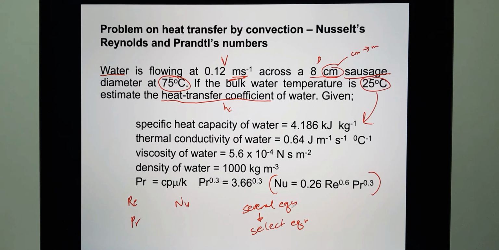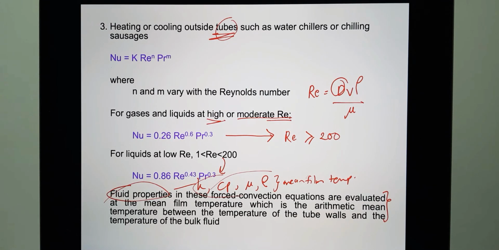In order to select the equation, the first thing you need to do is calculate the value of Reynolds number. When you calculate it, you can know whether the Reynolds number falls under the category of high or moderate Reynolds number, or the category of low Reynolds number.